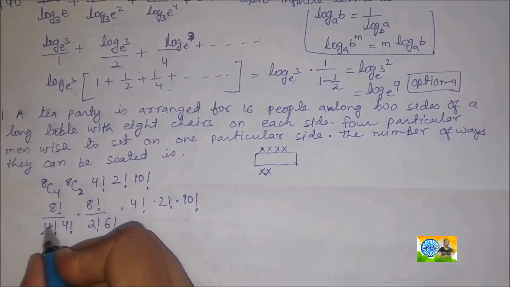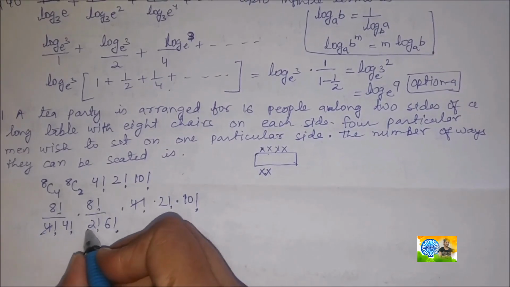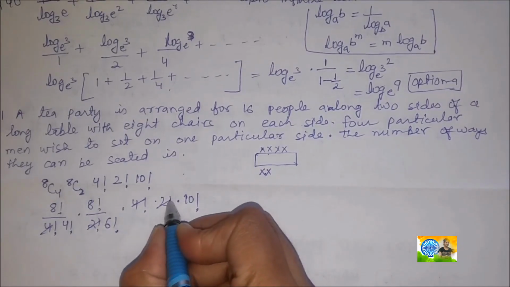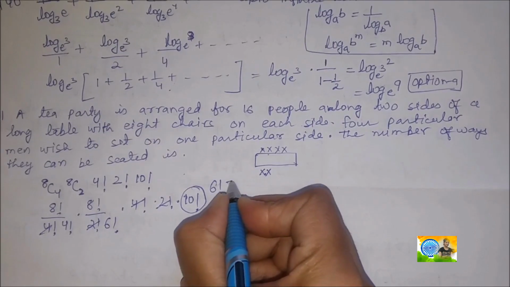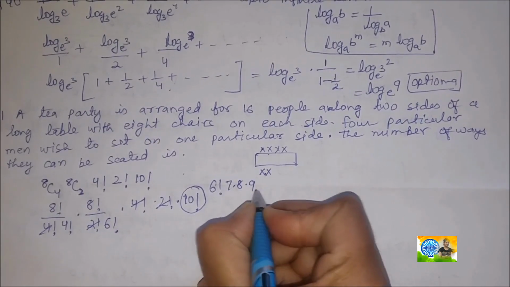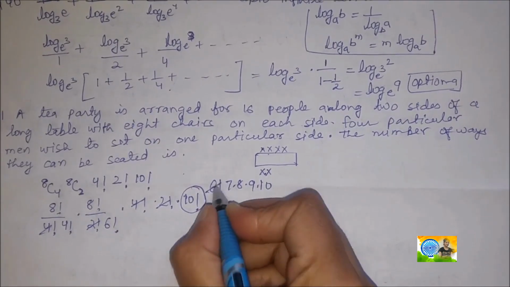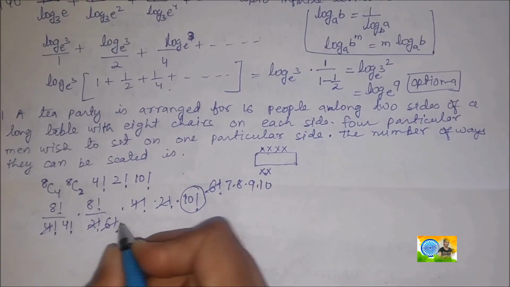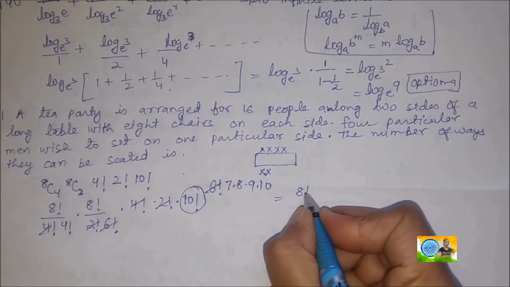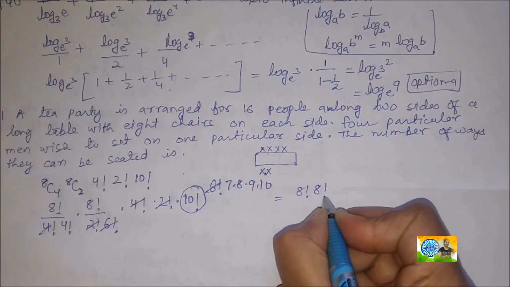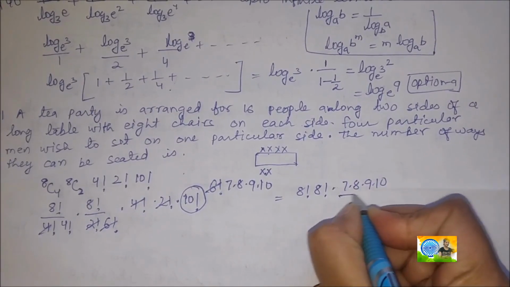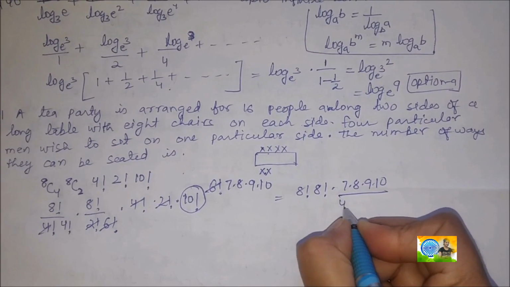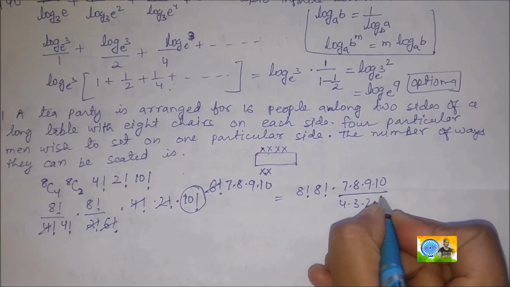Now this 4 factorial and 4 factorial will go, 2 factorial and 2 factorial will go, 10 factorial can be written as 6 factorial into 7 into 8 into 9 into 10. So this 6 factorial and 6 factorial will go. I am left with 8 factorial into 8 factorial into 7, 8, 9, 10 divided by 4 factorial, that is 4, 3, 2 and 1.